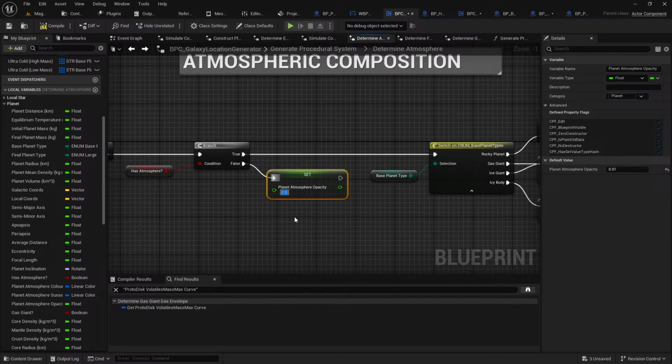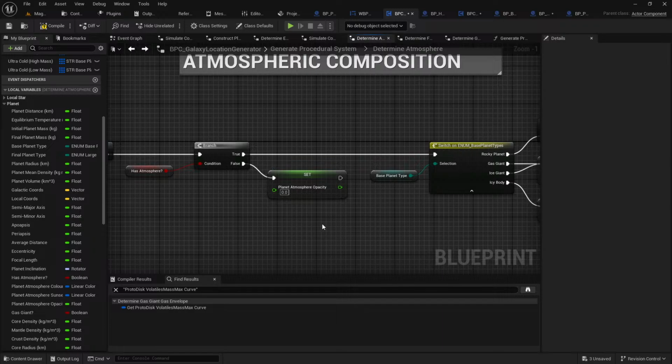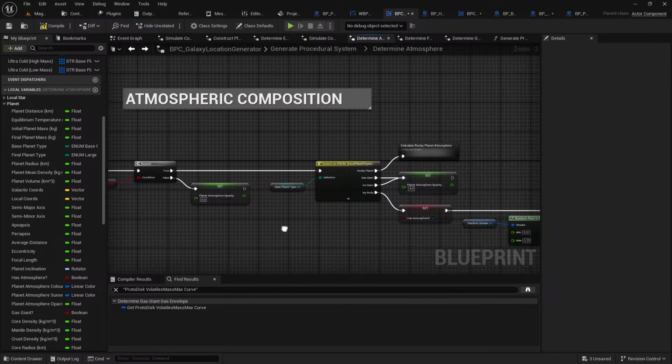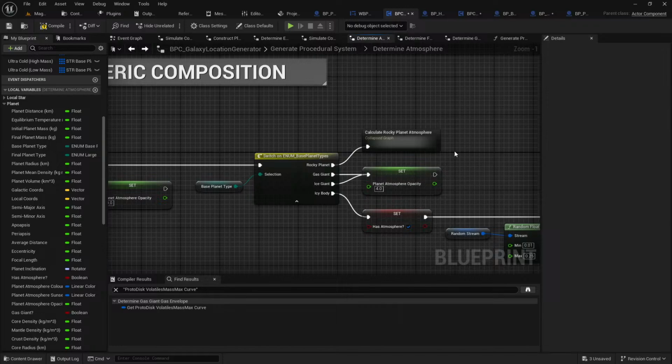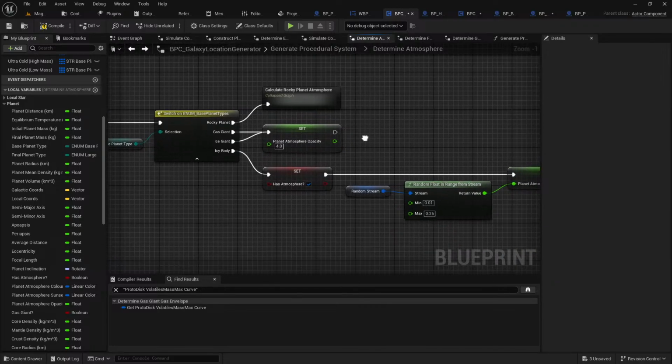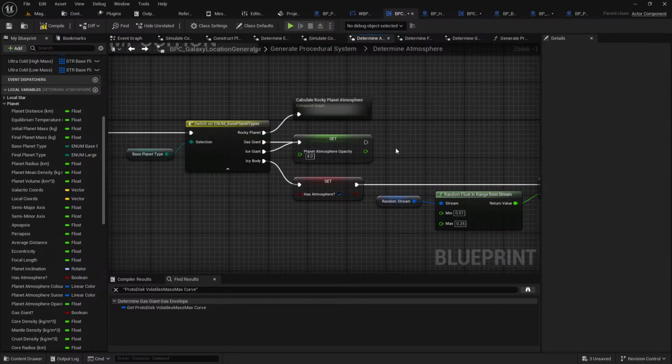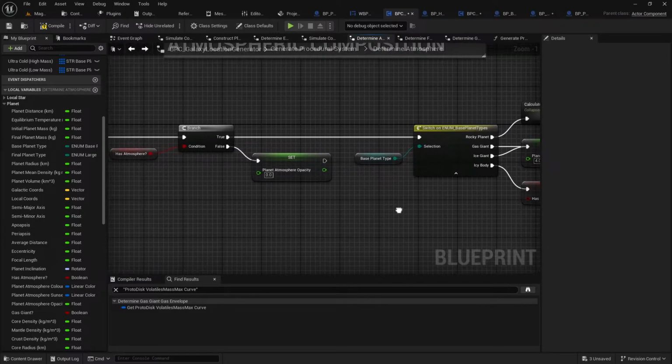It doesn't have an atmosphere. But what I will do is I'll break out gas giants separately, because the gas giant atmospheric composition is going to be different from rocky planets.